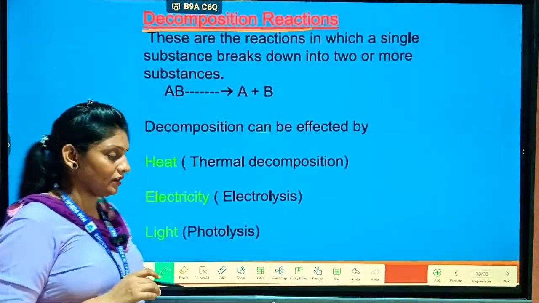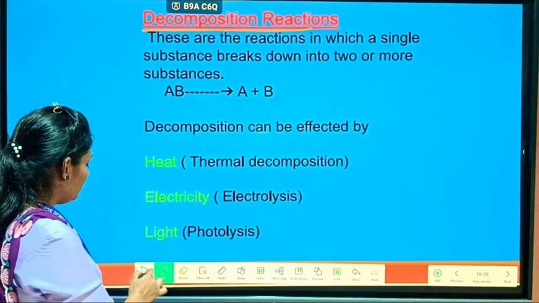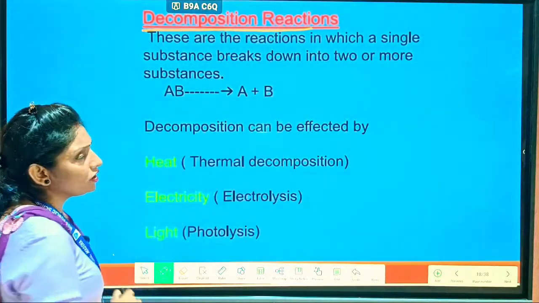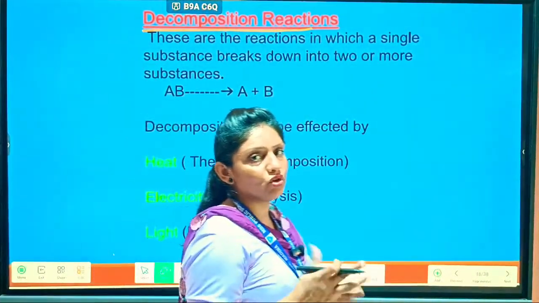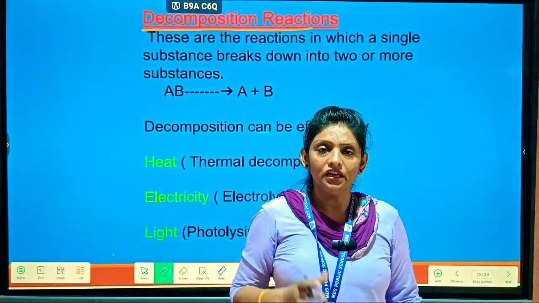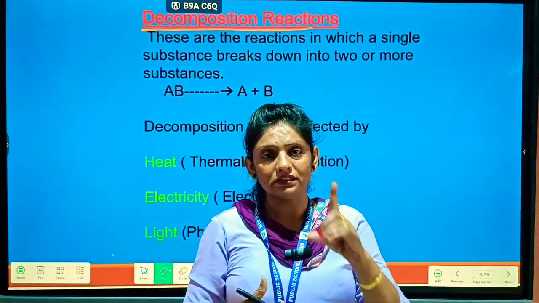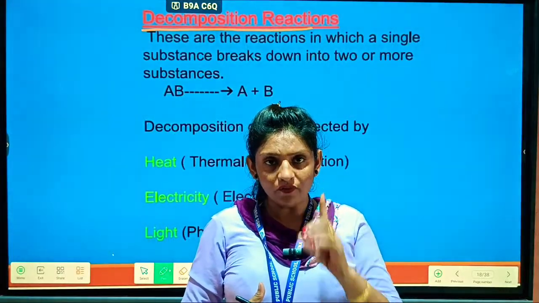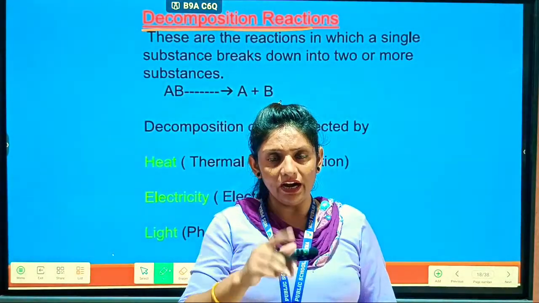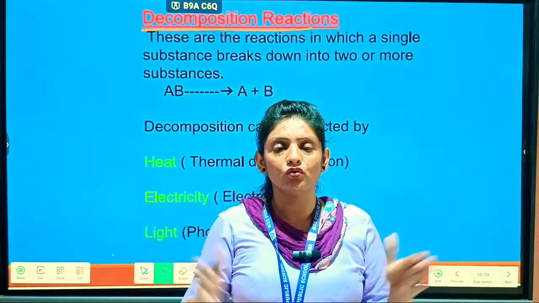Then students, our next type of reaction is the decomposition reaction. Decompose means break. So it is just opposite to the combination reaction. In a combination reaction, we combine two or more and we get a single product. But here, we will decompose a single substance and we will get two or more.